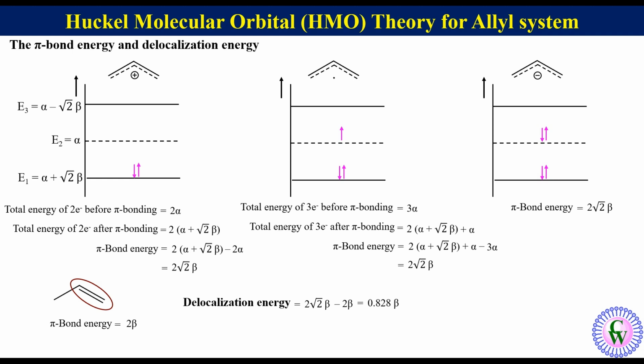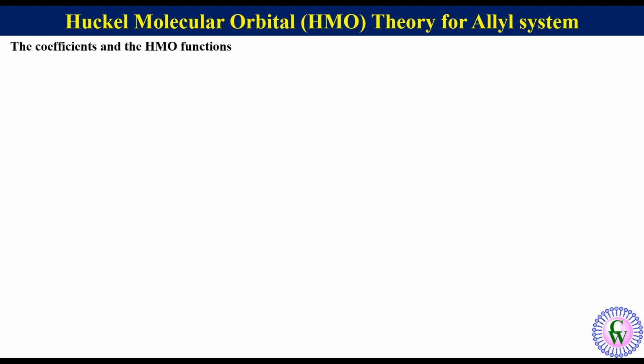This is a negative value as beta is a negative value. The negative value of delocalization energy suggests that delocalization decreases the energy of the allyl system and thus increases stability.